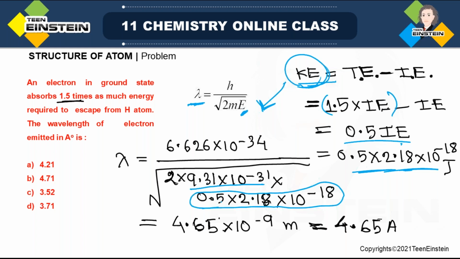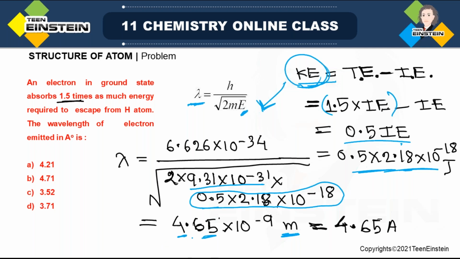If you solve this, you will see ultimately the answer of lambda, obviously in meter unit because you are using energy unit joule, is 4.65 × 10^-9. Depending on the calculation, you can get 4.65, or someone else may get a value near to this.